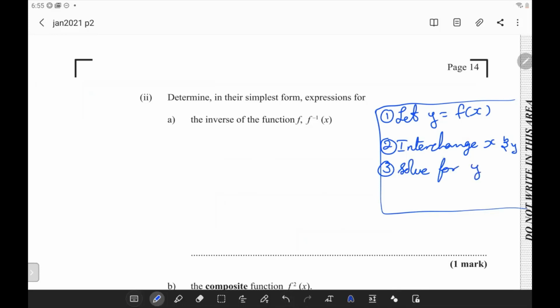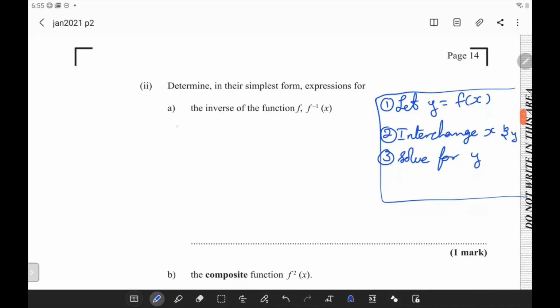Now this new y will be our inverse. So we have f of x is equal to 3 minus 2x. So we have y is equal to 3 minus 2x.